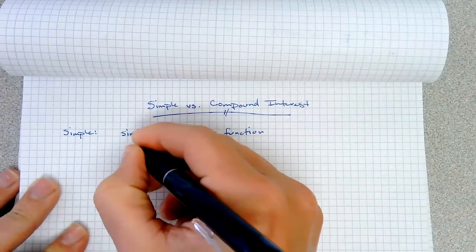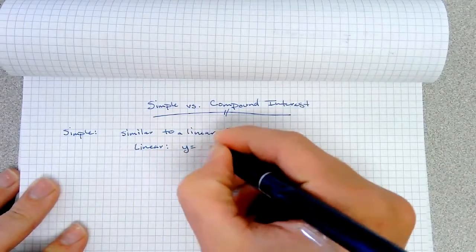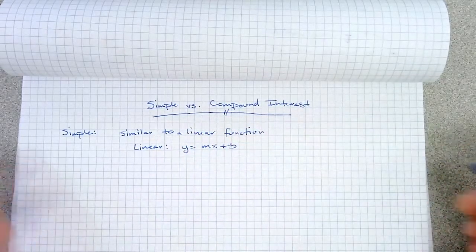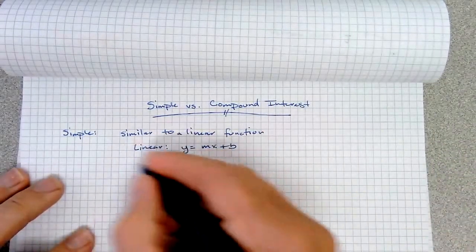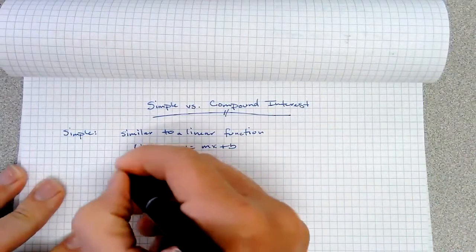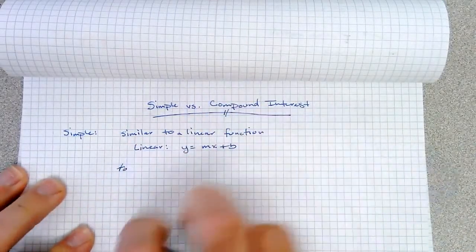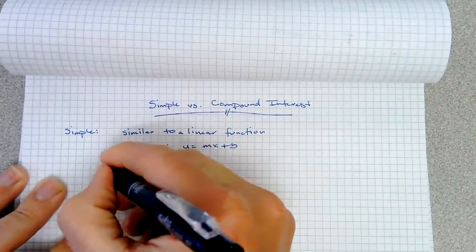So where a linear function usually has the equation y equals mx plus b, really using the exact same formula, we can say y is going to be your current amount.